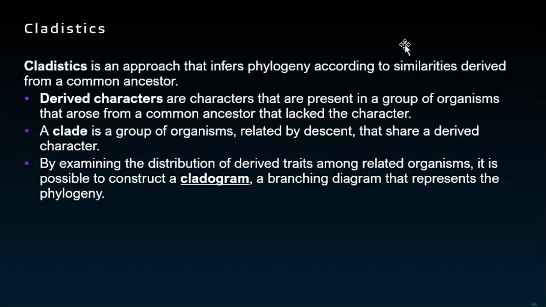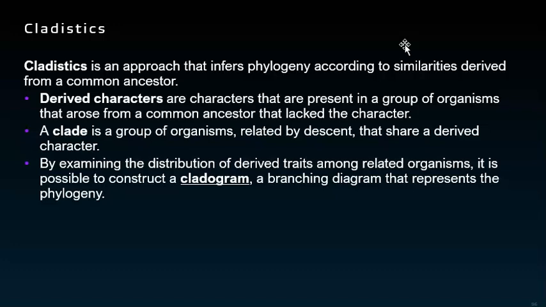A clade is a group of organisms which is related by descent that shared a derived character. So a clade is just a group like all of the organisms that received this specific type of fin or this specific kind of organ. Those are all in a clade together because they all received that characteristic from one ancestor, and that's how they got their derived character.